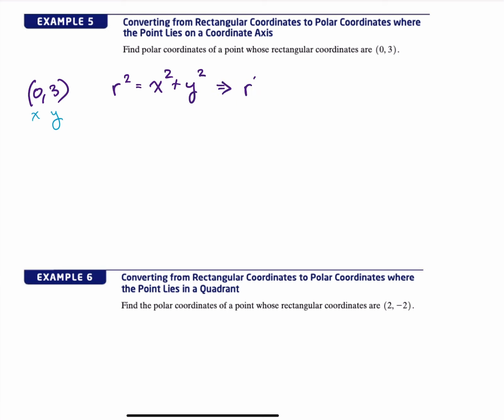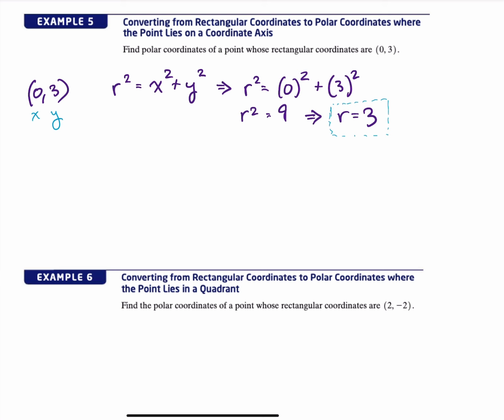So that means r squared will equal 0 squared plus 3 squared. So that means that r squared is equal to 9, which means that r is equal to 3. So that's one piece for us.